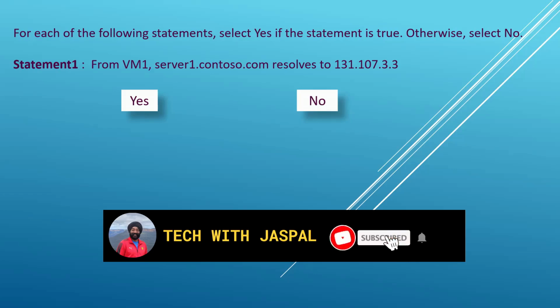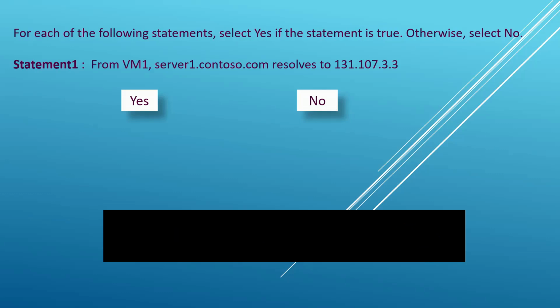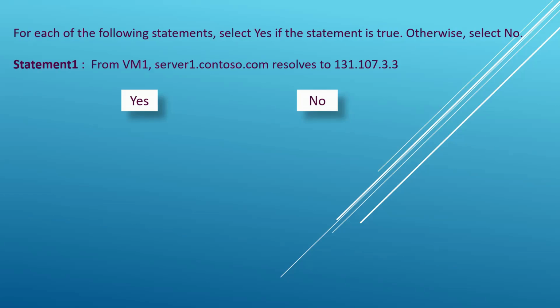DNS servers for VNet1 server 1.contoso.com is 131.107.3.3 and for server 2.contoso.com is 131.107.3.4, making this statement as correct.